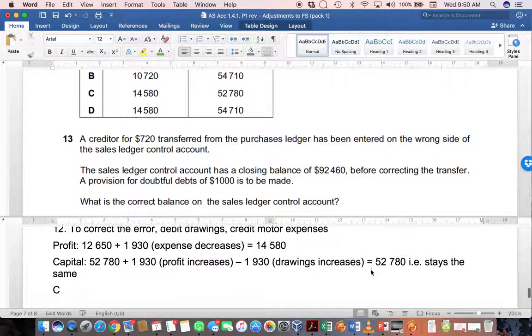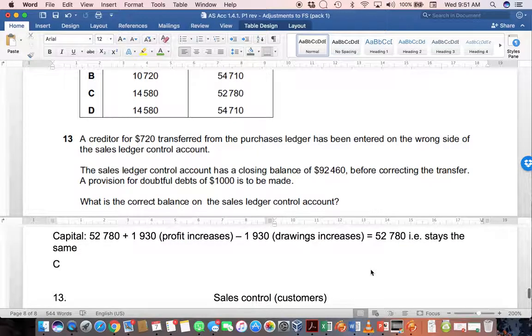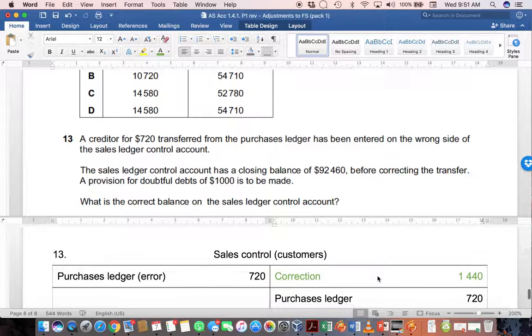Number 13. A creditor for $720 transferred from the purchaser's ledger has been entered on the wrong side of the sales ledger control account. Let's quickly deal with that first. What it means is that our sales control account, which remember illustrates a summary of all my different customer accounts, should have had a transfer from the purchaser's ledger.